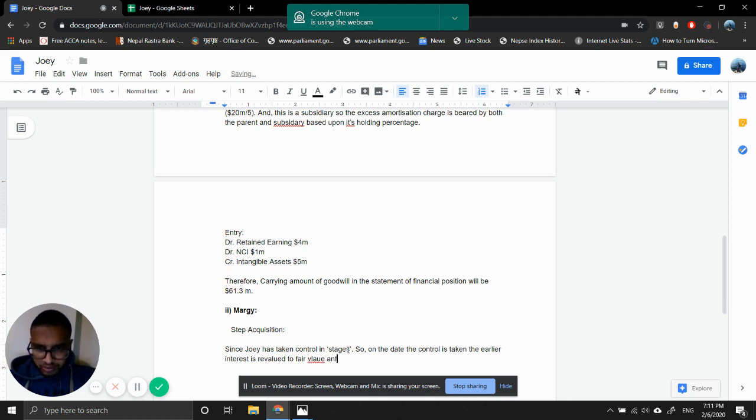Fair value and any gain or losses. Any gain or losses is accounted for, is charged to SOPL.